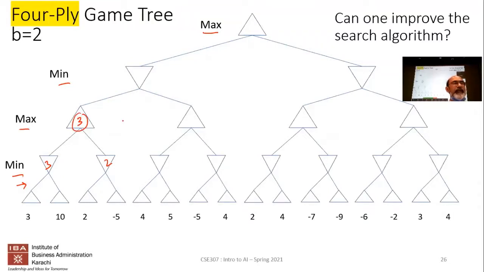So the question is, do we need to actually search through the entire graph to be able to find the optimal solution? Or do you think that there is a possibility that we could have some shortcuts? Ji.